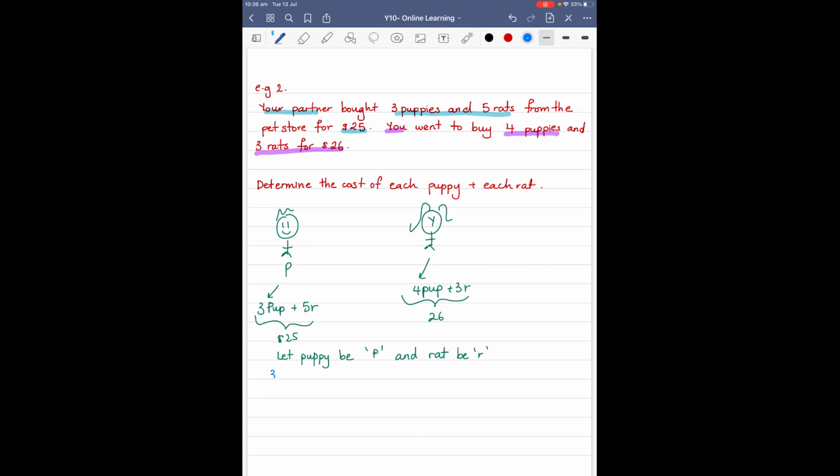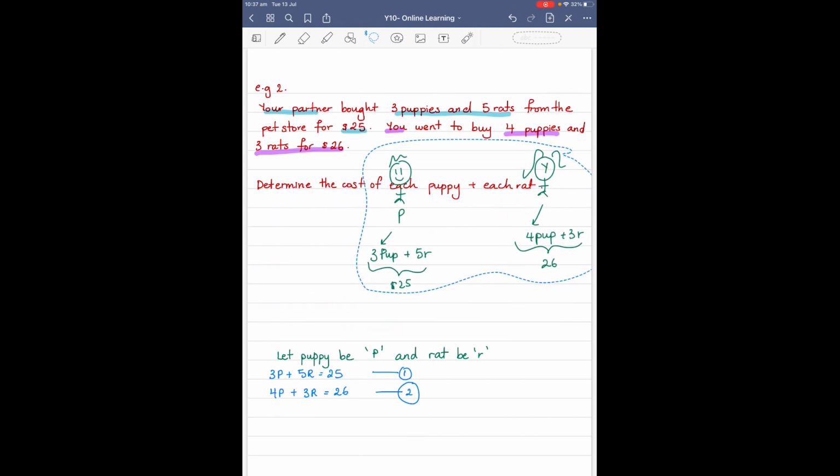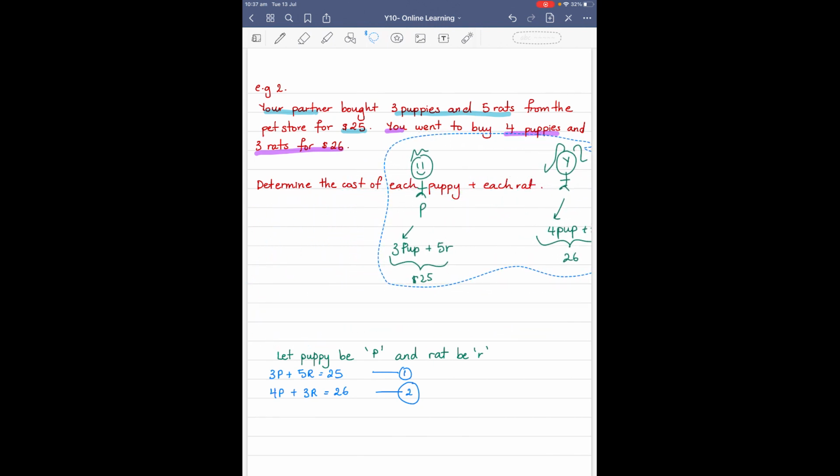We know 3 puppies plus 5 rats is $25. Over here, you know 4 puppies plus 3 rats is $26. So we have our 2 equations here. Now, because I don't have enough space, I'm just going to shift this up here.